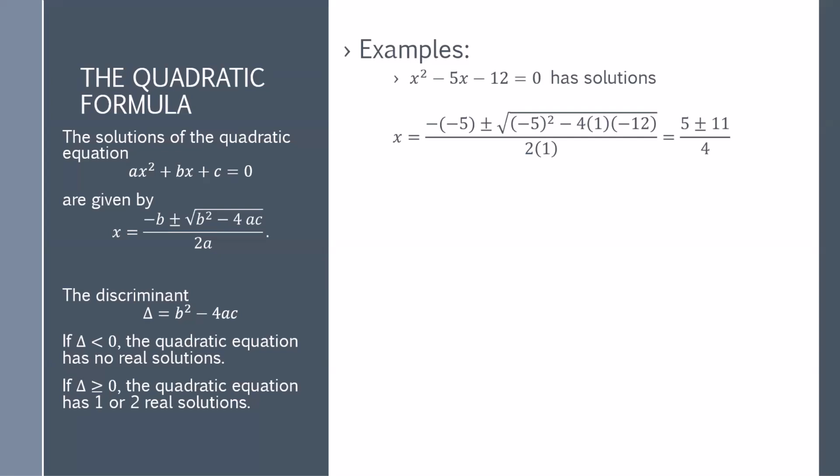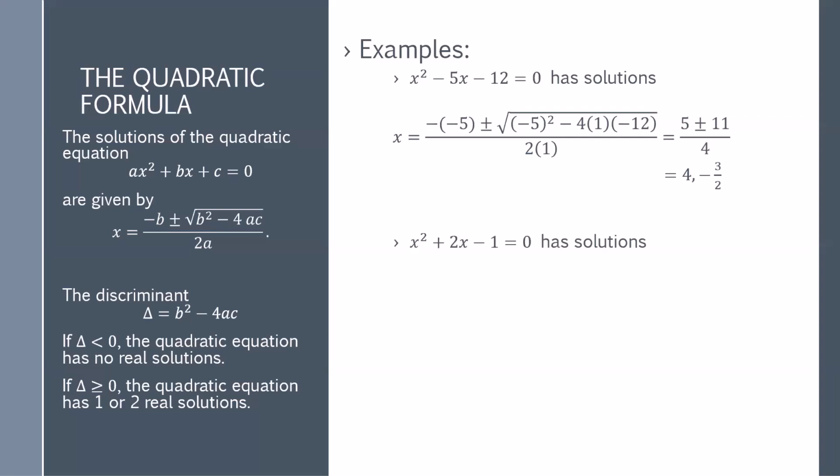That gives us 5 plus or minus 11 over 2. 5 plus 11 is 16, divided by 4 is 4. 5 minus 11 is negative 6, divided by 4, or negative 3/2. So the solutions here are 4 and negative 3/2.